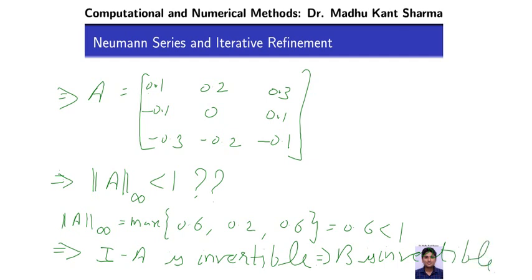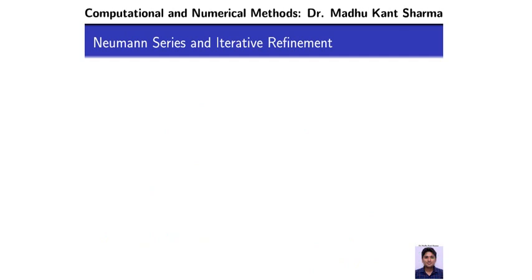Now from the Neumann series, this implies B inverse is equal to the summation k equals 0 to infinity of A to the power k. But in a computer you can't go for an infinite sum, so you should go up to some 20th or 19th power.